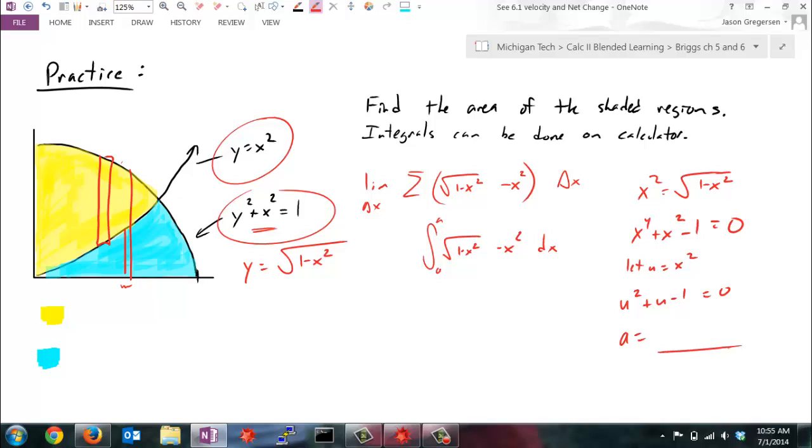Now the ceiling becomes the other function. So I integrate from 0 to a, this function, and I add the integral from a over to, what's this value over here? 1, absolutely, because it's a circle of radius 1. So I integrate from a over to 1, integral of this piece.